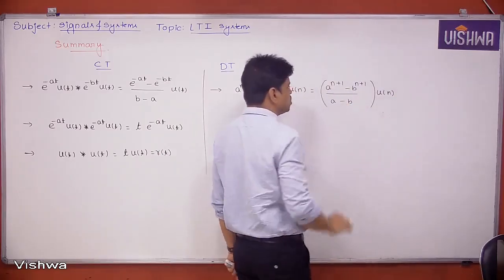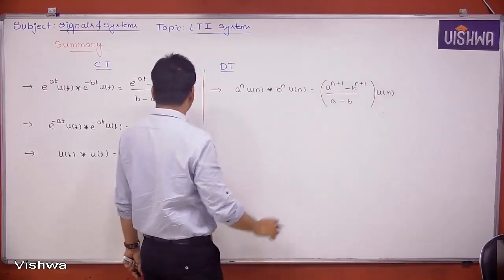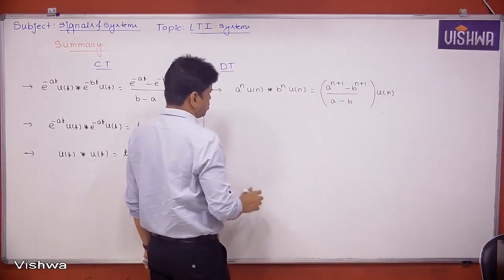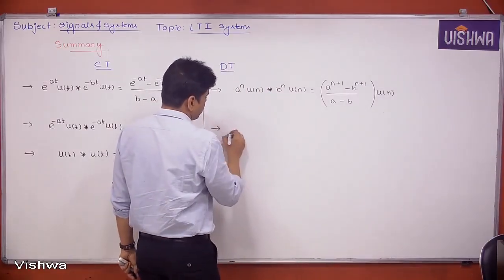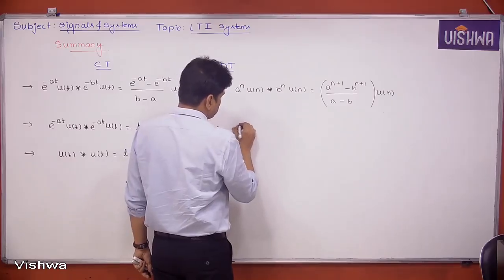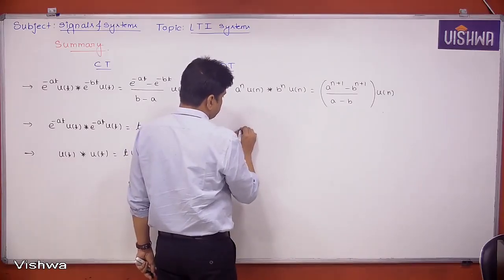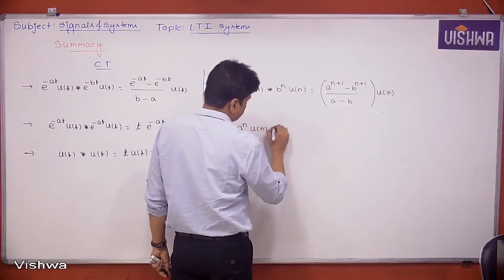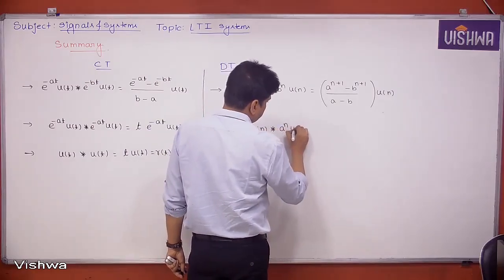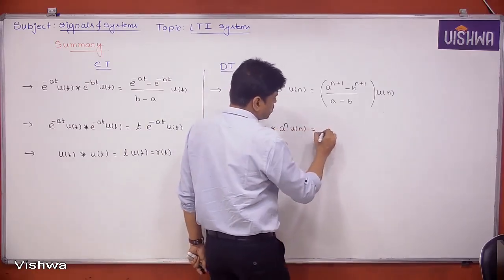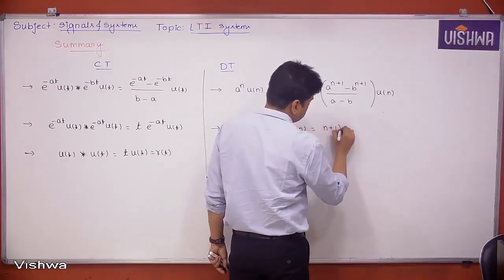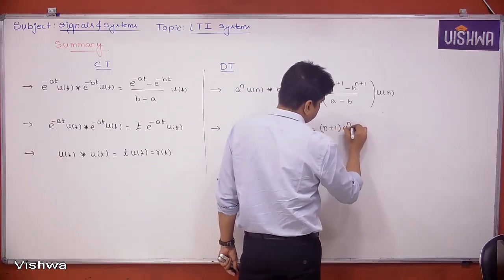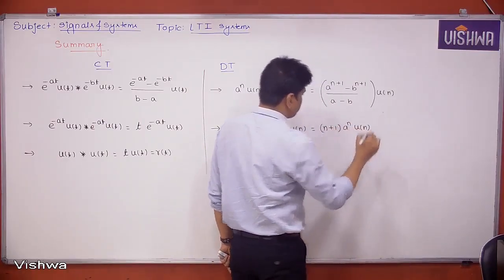So here it is not b minus a, it is a minus b only. Next, if a is equal to b, then it is a power n u of n convolution with a power n u of n. This is going to be n plus 1 a power n u of n.